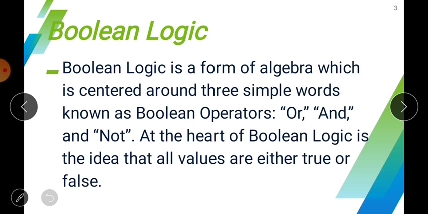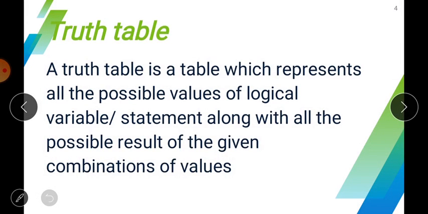The next topic is the term truth table. Before moving forward, you should know clearly what a truth table is. When we have two or three variables, there are some possible combinations, and a table containing all the possible conditions or combinations and their results is called the truth table.